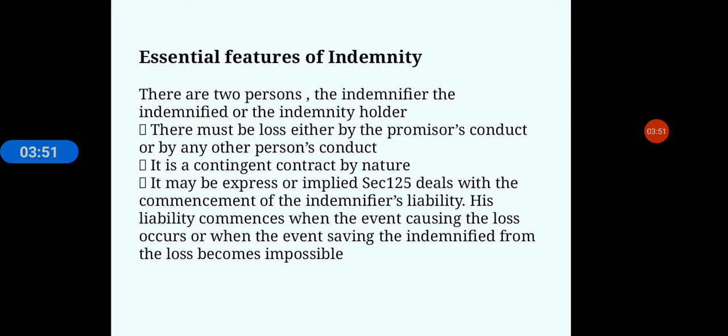When there is a loss, then the indemnifier is going to convert the loss into good. His liability commences when the event causing the loss occurs or when the event saving the indemnified from the loss becomes impossible. So these are the essential features of the contract of indemnity.